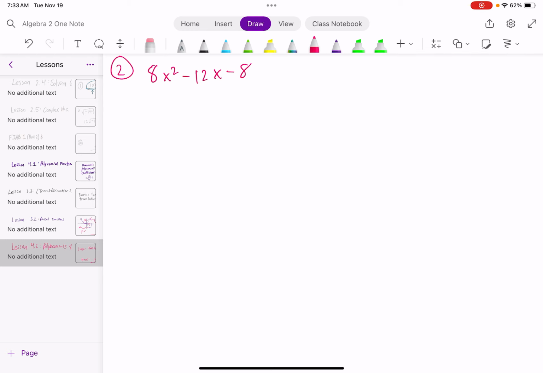So I believe that you guys can do this one, right? And I'll just kind of lead you. This is your A value, your B value right here, your C value right there. This is A times C, this is B. Again, this is 8 times negative 8, which is negative 64, over negative 12.